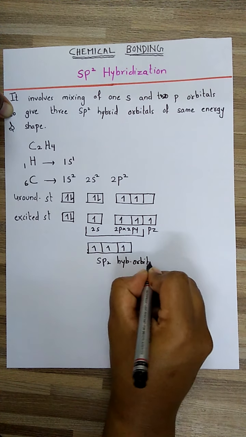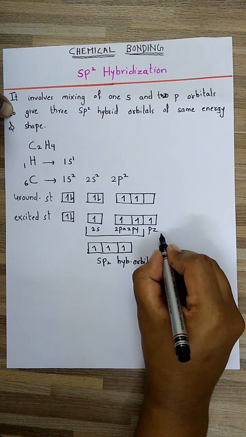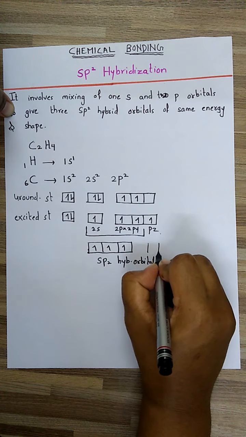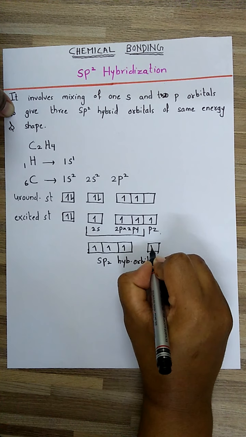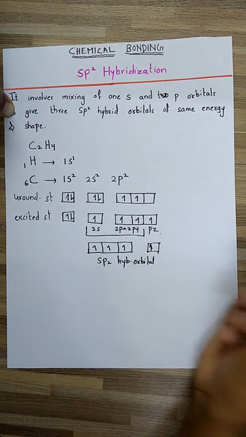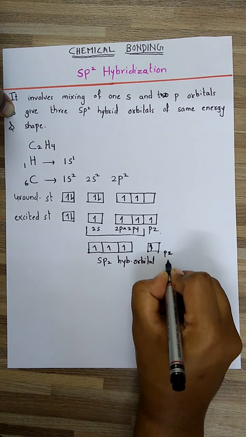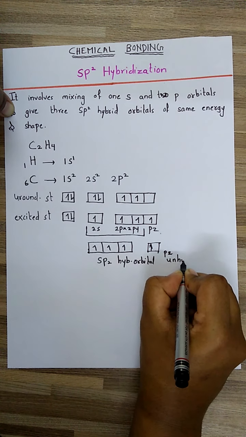The pz orbital remains unhybridized. So here we have one pz orbital with one unpaired electron, and this is your unhybridized pz orbital.